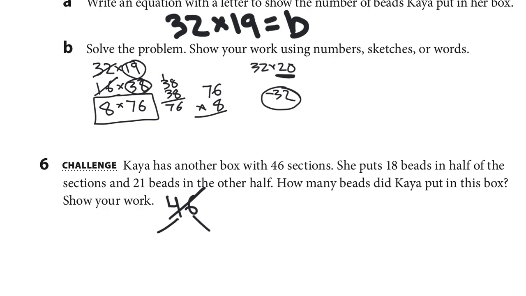If I split this into two numbers, that'd be 23 and 23. So she puts 18 beads in this half, so we'll put 18 times 23. And she puts 21 beads in the other half. So we have two multiplication problems. And when you're done solving it, you would then combine those answers.